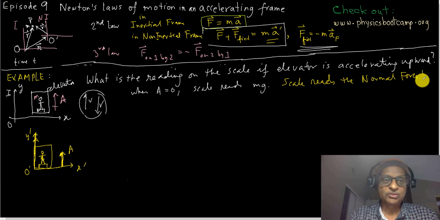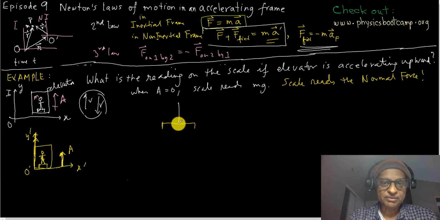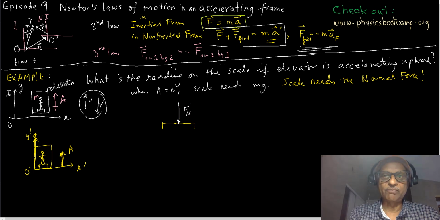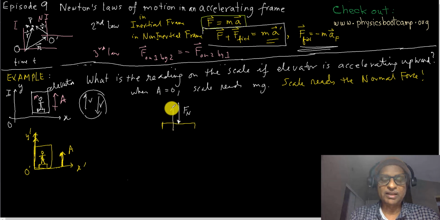So here's the scale, and when the person pushes down on it with a normal force, the scale is pushing up on the person with the same normal force, and that's the force that the scale reads.